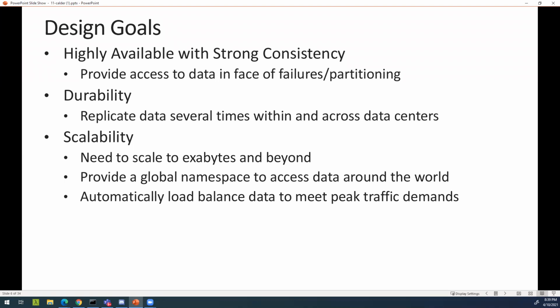It depends on your use case. Maybe eventual consistency could be good for you, but this system was designed for those use case scenarios where you need strong consistency, so it will provide you that as well. It depends on what your application needs are. Yeah, if it's a banking application, then strong consistency.